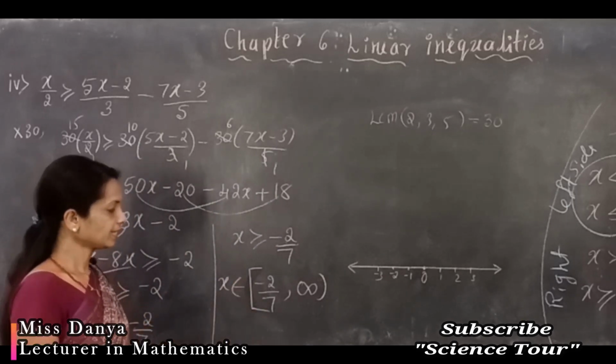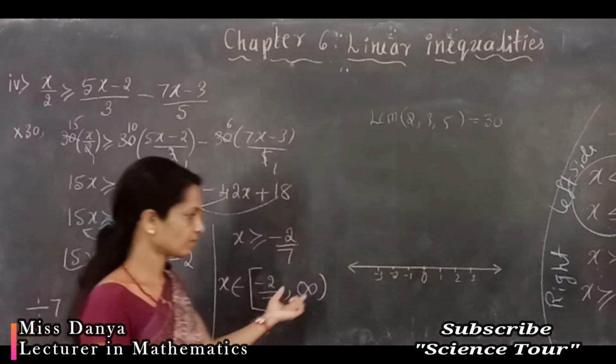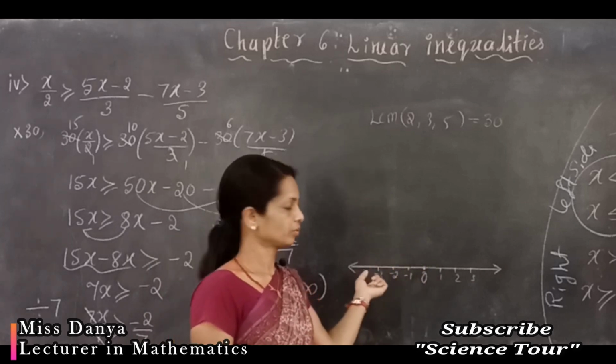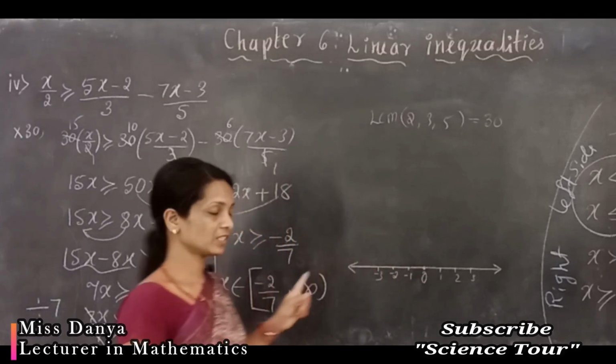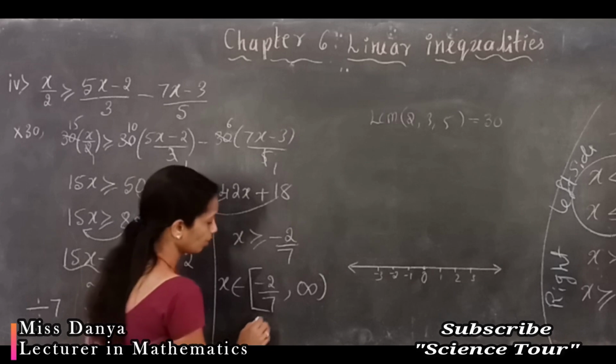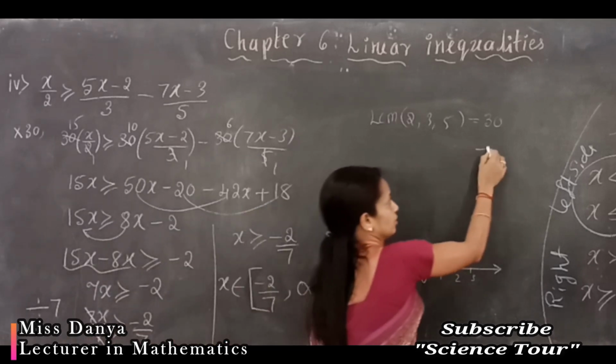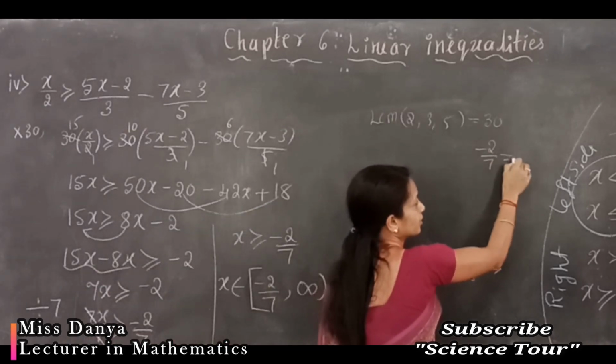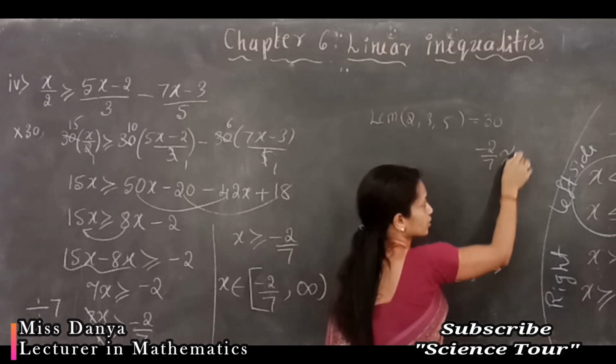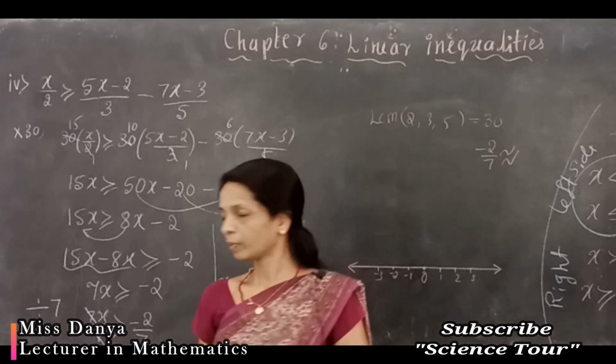Then minus 2 by 7, here you can't see it, right? But what is the approximate value of minus 2 by 7? To calculate that, using a calculator, I'll write the approximate value of minus 2 by 7.